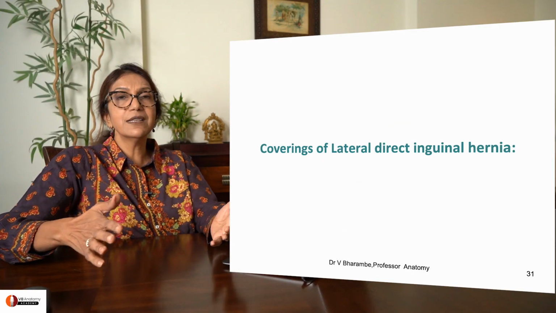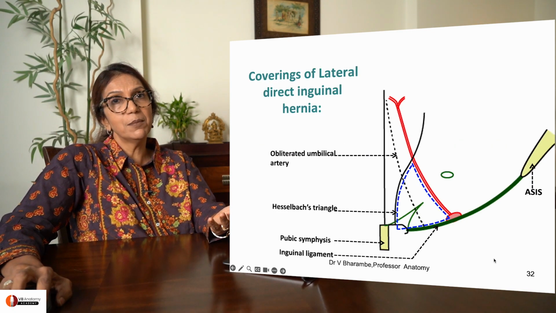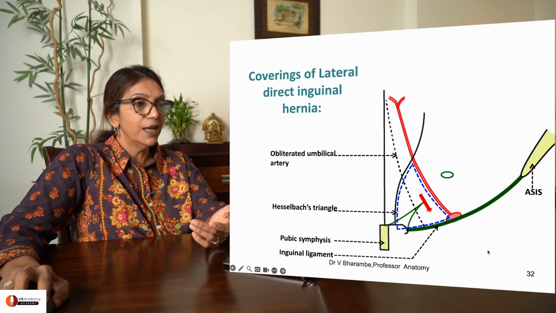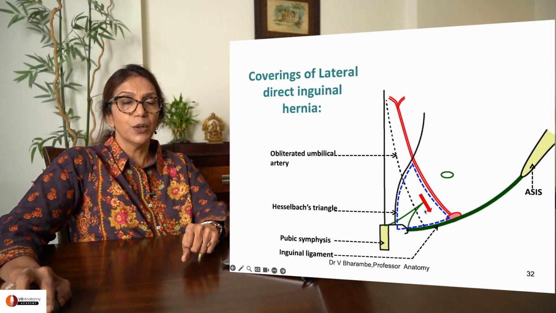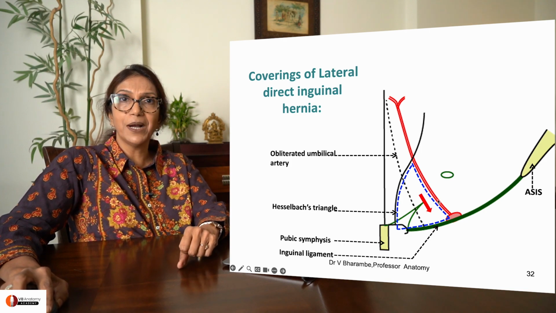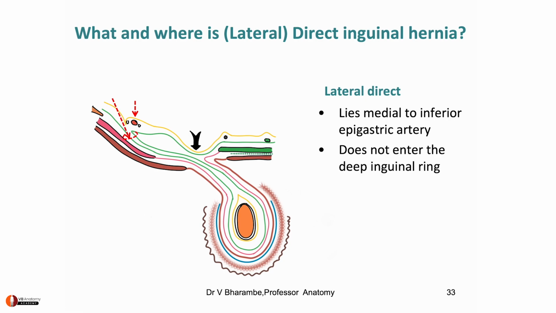What then are the layers covering lateral direct inguinal hernia? Where am I expecting the hernia to occur? It should pass through the medial inguinal fossa. So here in the lateral part of Hesselbach's triangle, let's understand the layers. My hernia is going to be here, again medial to the inferior epigastric artery, not passing through the deep inguinal ring, common features to both.